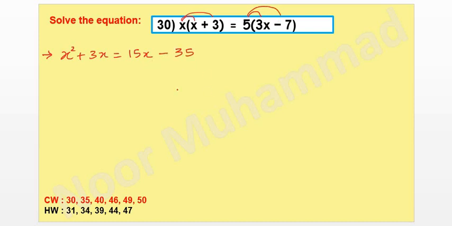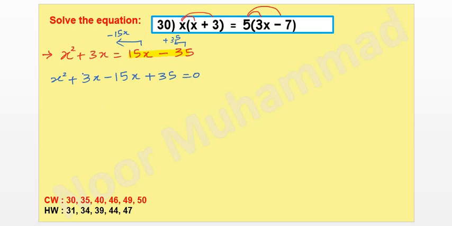Clear? Now we want one side to be 0, so one by one we will shift all these terms to this side. Positive 15x will change into negative 15x, and negative 35 will change into positive 35. So this side we are going to have x squared plus 3x minus 15x plus 35 equals 0.